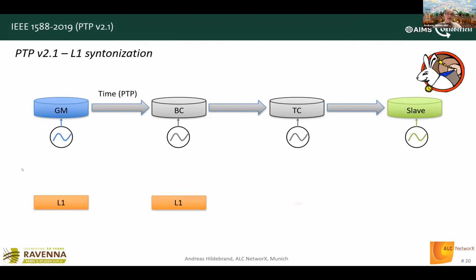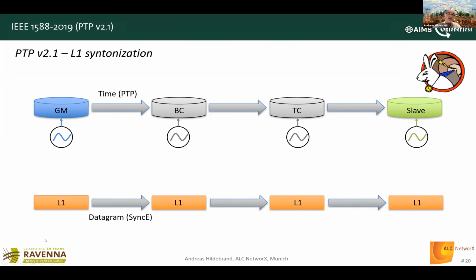Now, the layer which actually transports those messages, layer 1, in synchronous Ethernet, for example, has its own clocking mechanism. The difference is that the clocks of the subsequent stages are derived from the frequency which is running on the network.